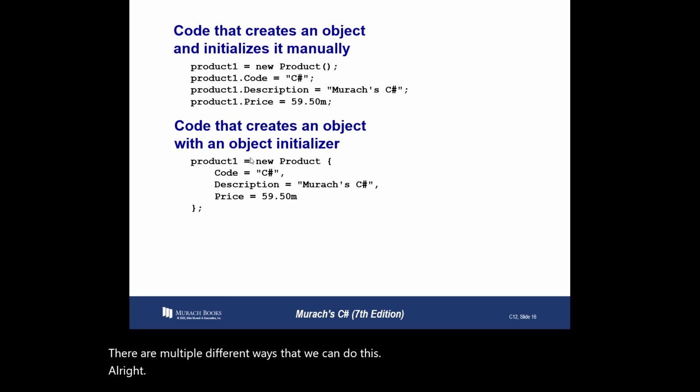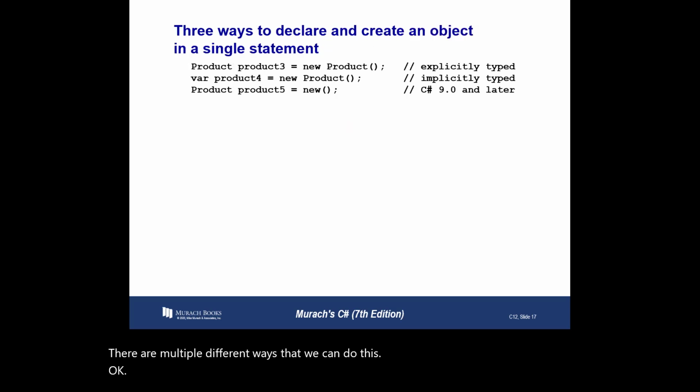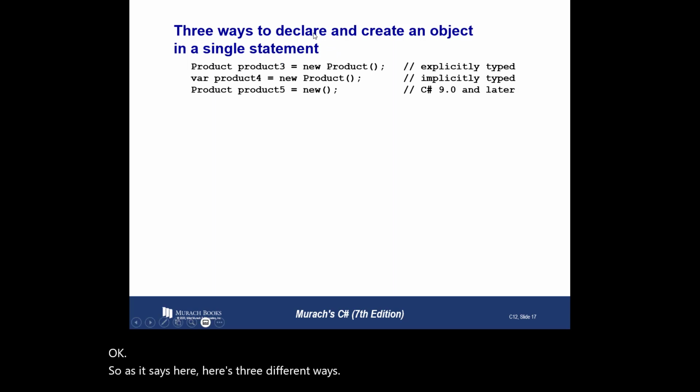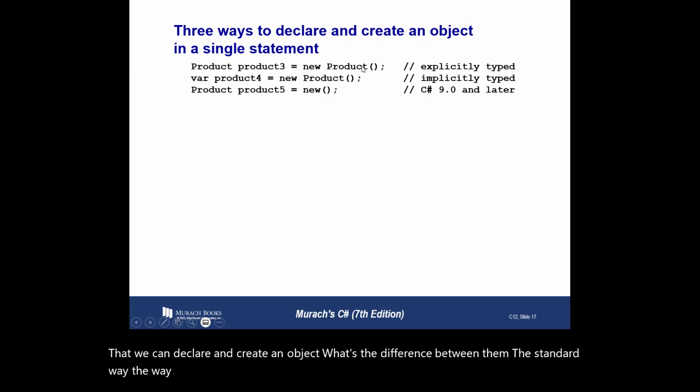As it says here, here's 3 different ways that we can declare and create an object. What's the difference between them? The standard way, the way that it's done in most other programming languages other than C#, is the first way, where you explicitly type an object.